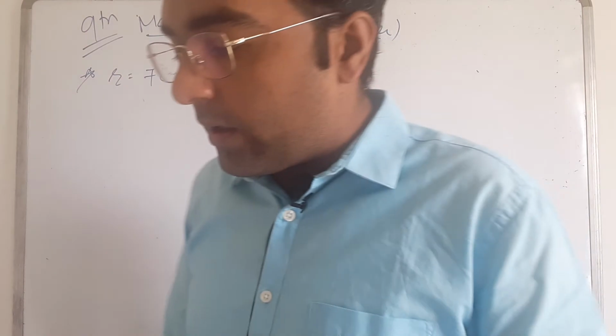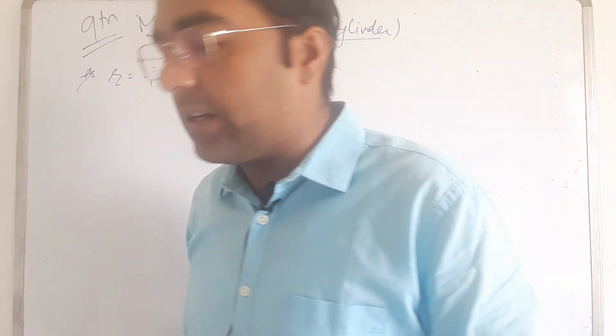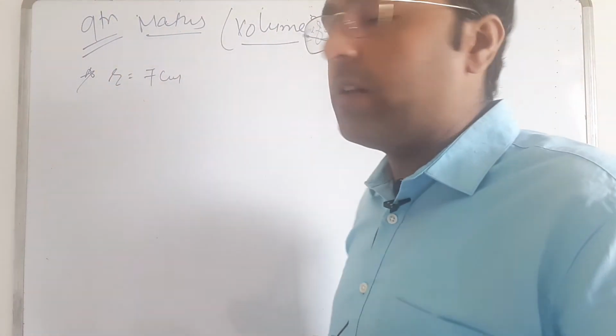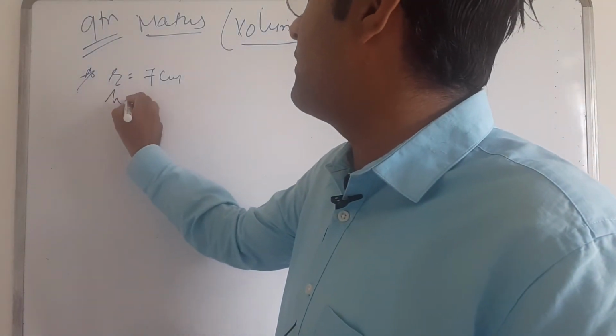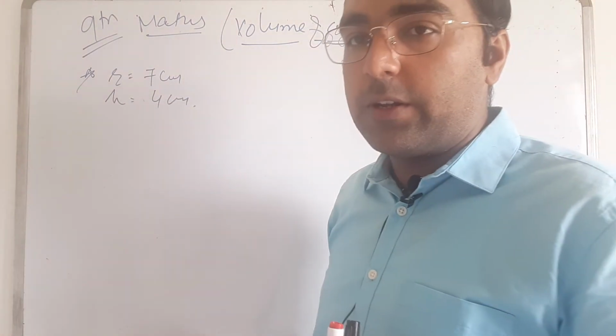And if the bowl is filled with soup to a height of 4 centimeter. Now the bowl is filled with soup of height 4 centimeter, and my height is also given, that is 4 centimeter.